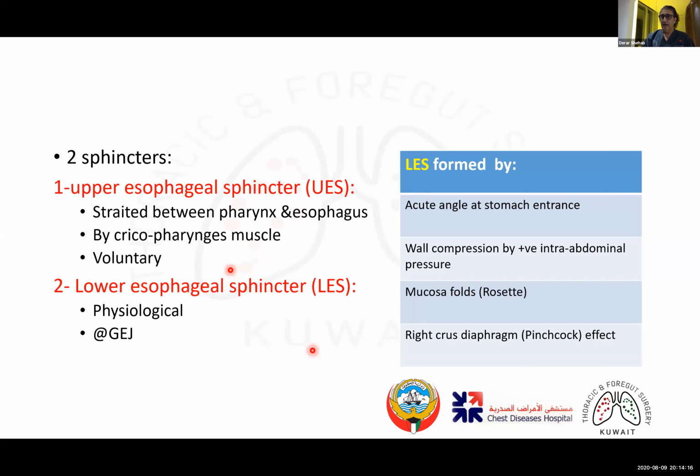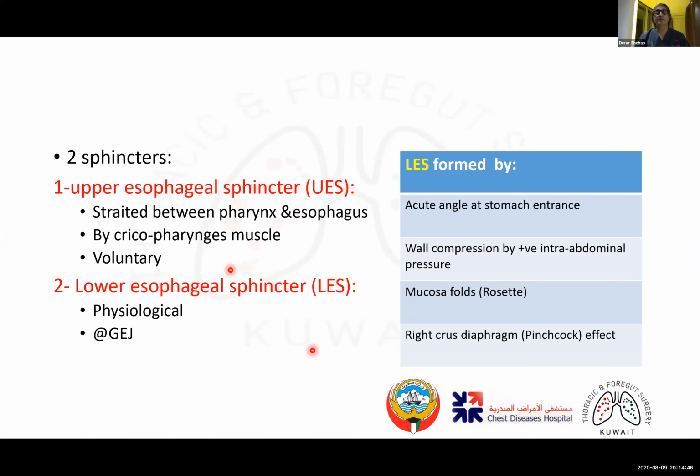For example, the esophagus joins the stomach at an acute angle. There is wall compression by both the right crural thrust, which is called the pinchcock effect, and the positive intra-abdominal pressure. Last but not least, inside the esophagus the mucosa is folded, so we call those folds rosette folds or mucosal folds.